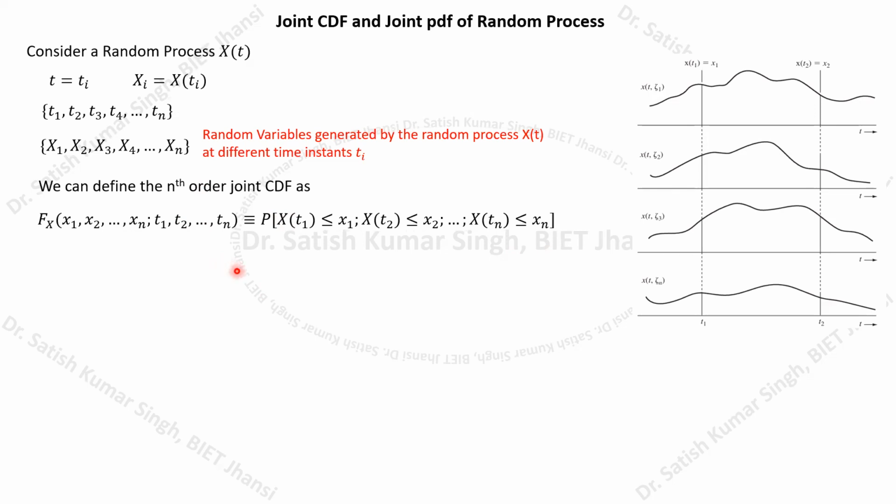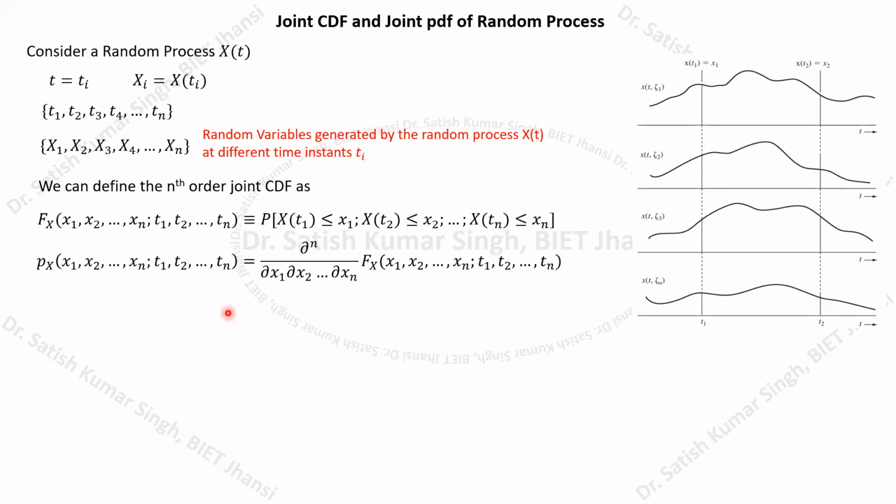So we have to calculate the nth partial derivative with respect to each random variable, x1, x2, x3, and this way we go up to xn. This way the joint PDF can also be calculated.